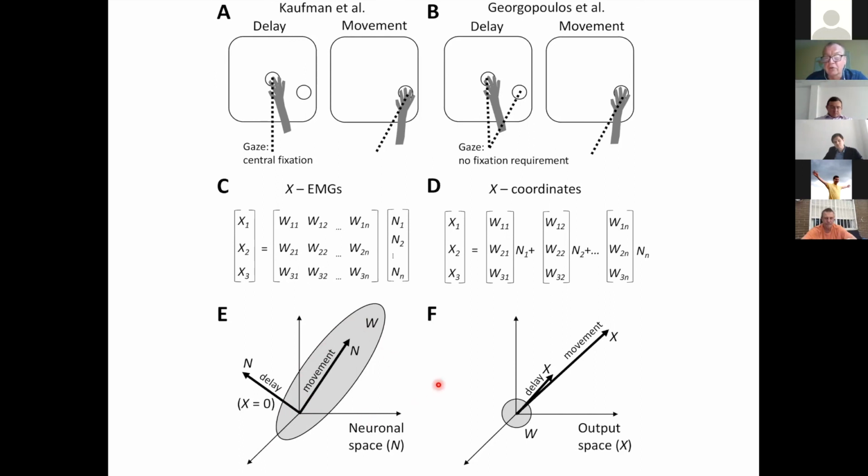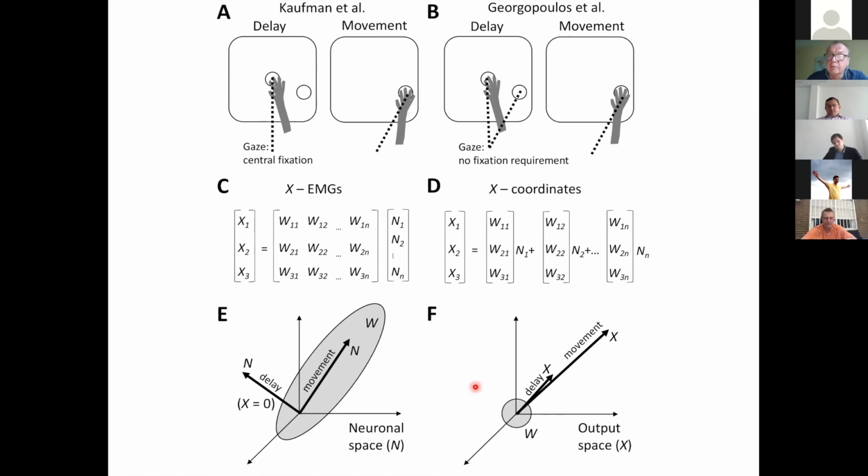And they came up with this nice interpretation that the reason why there is no movement when you prepare it, but there is activity in the cortex, is because all neurons are active in a different subspace. And then to produce a movement, you just shift to a new movement-related subspace. So this is a very nice and reasonable-sounding idea.